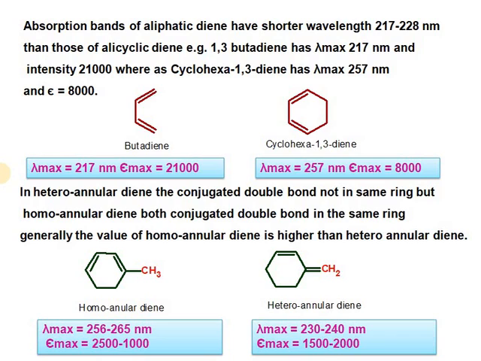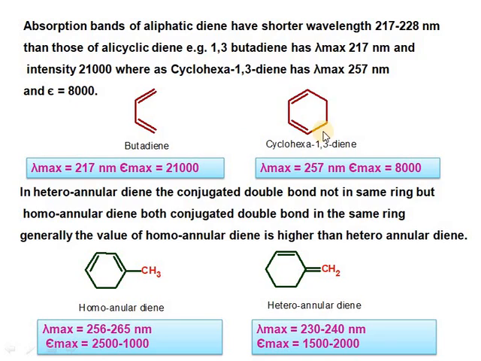Whereas cyclohexa-1,3-diene has a value that still increases, to about 257 nanometers, right? This is 1,3-butadiene, the value is 270 nanometers. But in cyclohexa-1,3-diene, the value still increases to 257 nanometers, with an intensity of 8,000.